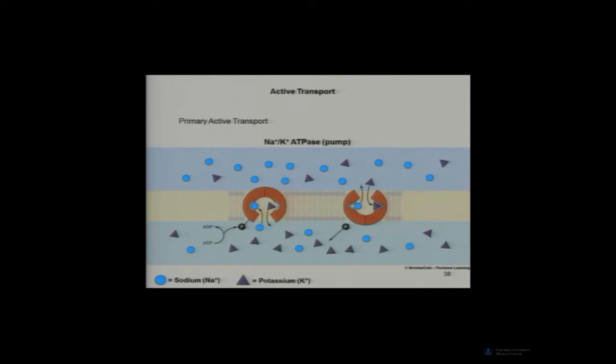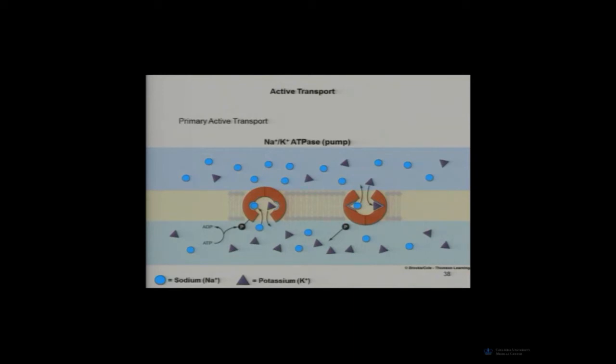And ATP is hydrolyzed, so it goes from adenosine triphosphate, so adenosine and 3 phosphates, to 1 phosphate comes off, and it's adenosine diphosphate, 2 phosphates, plus 1. Okay? And that breaking of that bond releases energy, and you can do work with it.